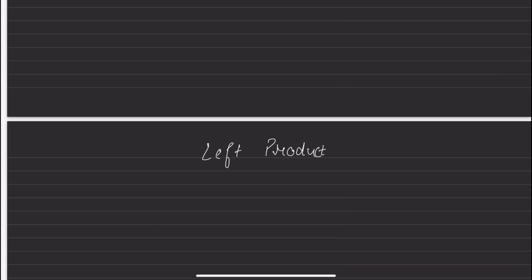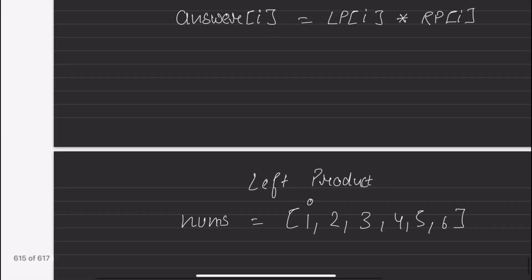So how do we find it? Let's take an example nums, which is 1, 2, 3, 4, 5, 6. Now let's add indices as well.